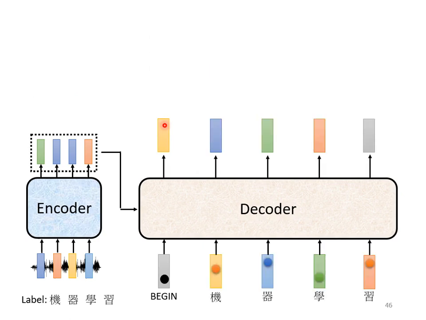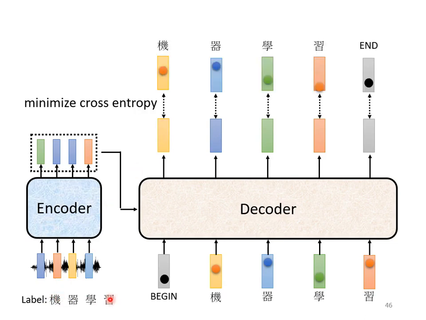Okay, so actually it looks like this during training. We already know that the output should be the 4 words of machine learning. Then you tell the decoder that the first output, the second output, the third output, and the fourth output should be the one-hot vectors of these 4 Chinese characters. We want the outputs to be as close to the one-hot vectors of these 4 words as possible.